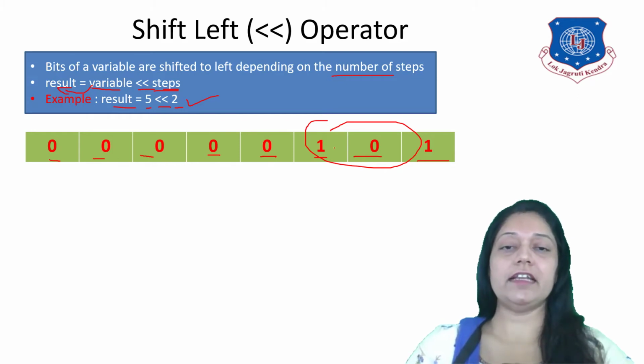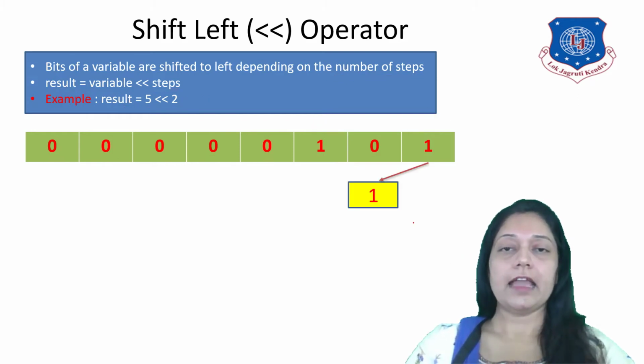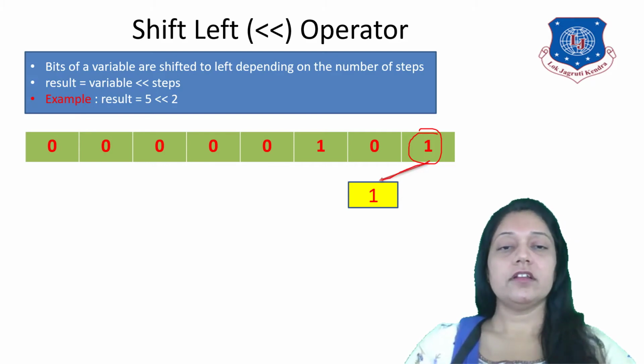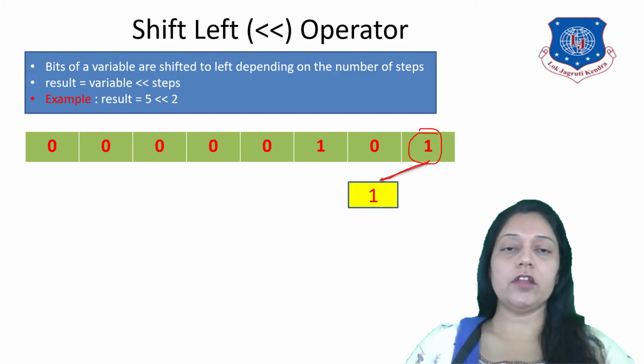So I've added extra zeros here. I want to shift each bit left. So the first bit, that is 1, is shifted left, right? So you have to start from the right hand side and put this particular 1 value in the second position. This is the second position. First position right now is blank. We'll come to that later.